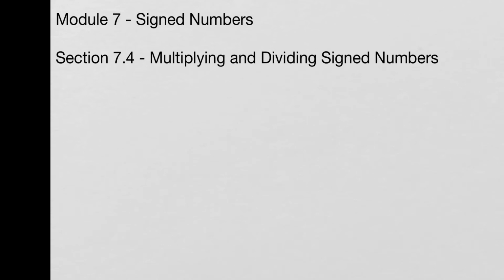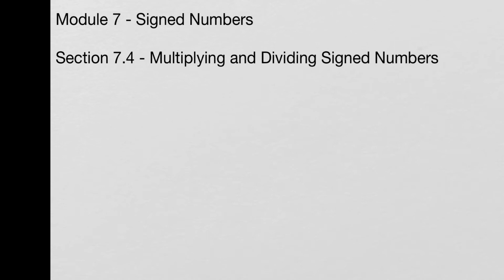Hello everyone. So in this last section of Module 7, we will discuss multiplying and dividing signed numbers. Let me give you the rules for multiplying two signed numbers, and then the rules for dividing two signed numbers are very similar.